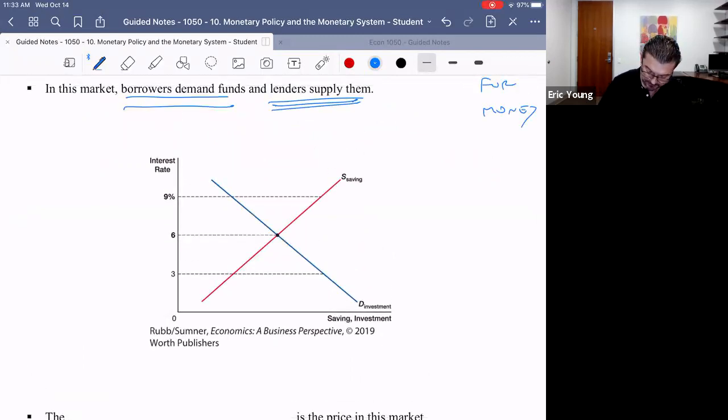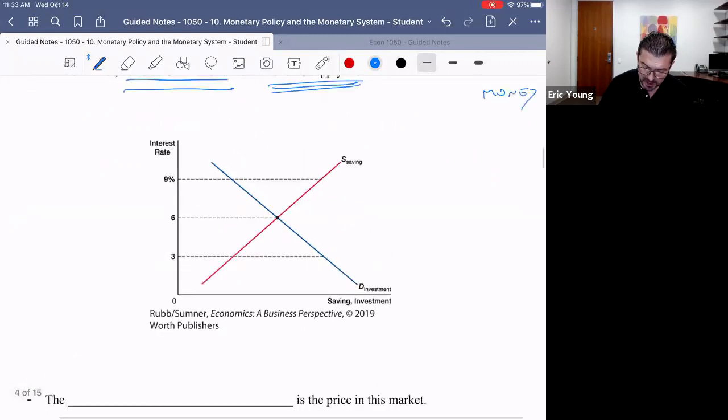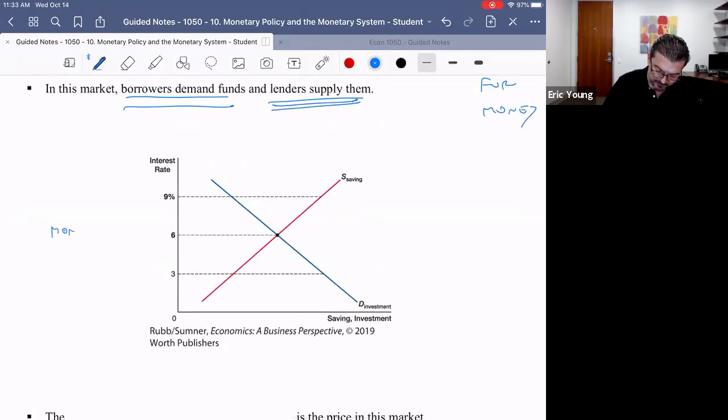This is simply the supply and demand for money. We see the supply of money here. This comes from savers. Notice that there's a connection between saving and investment. People who do not fully consume to their limit because they have extra money, that's savings, and that money is tied in to the amount that others can borrow.